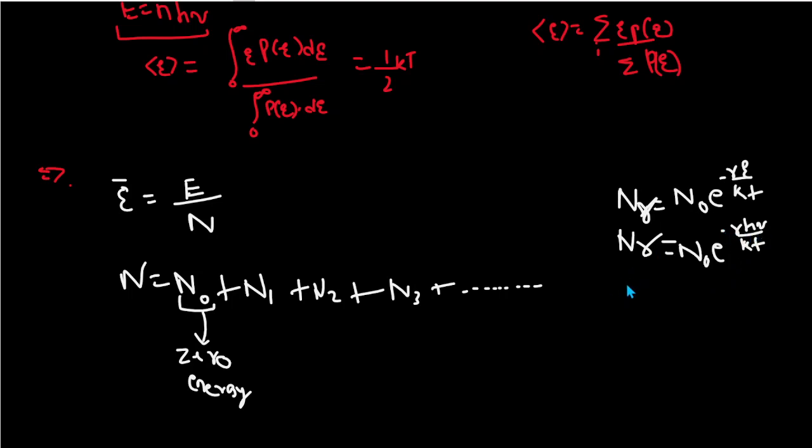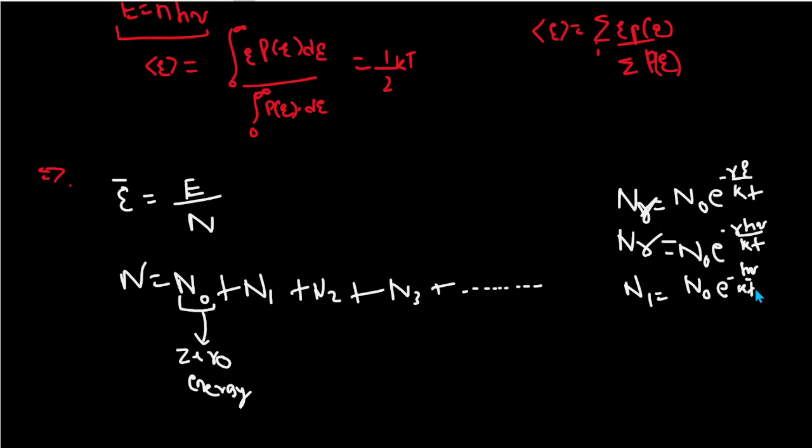So if I want to find the number of n1 particles, n1 is equal to n0 e to the power negative, putting 1 here, h mu upon kT.